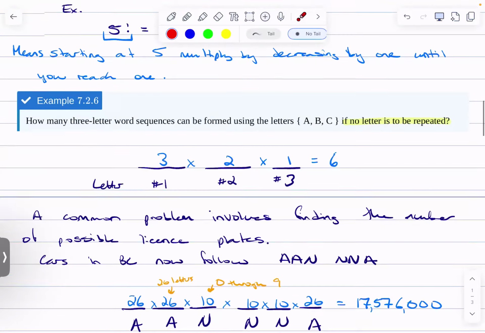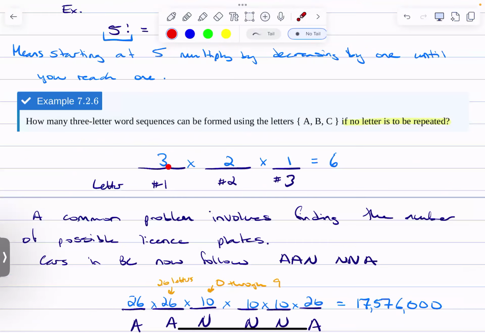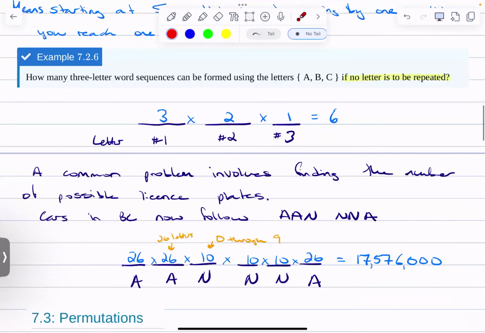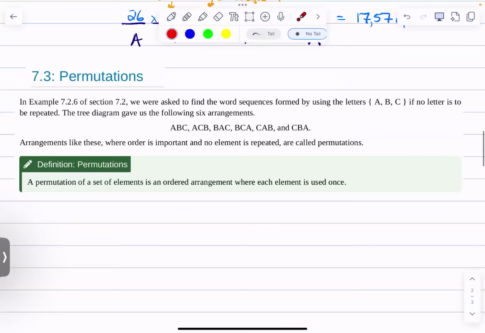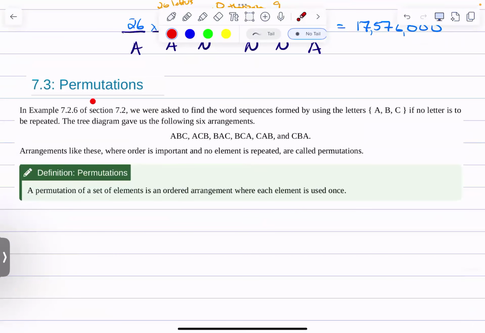And same thing with the letters, right? A, B, C, no letter repeated. How many 3-letter word sequences can I make? 3, 2, 1. Those are what we call permutations. And so we talked about the word sequences using the letters A, B, C just now, if no letters repeated.